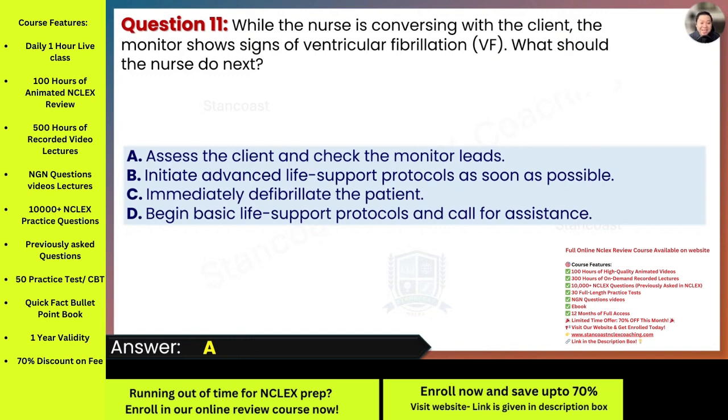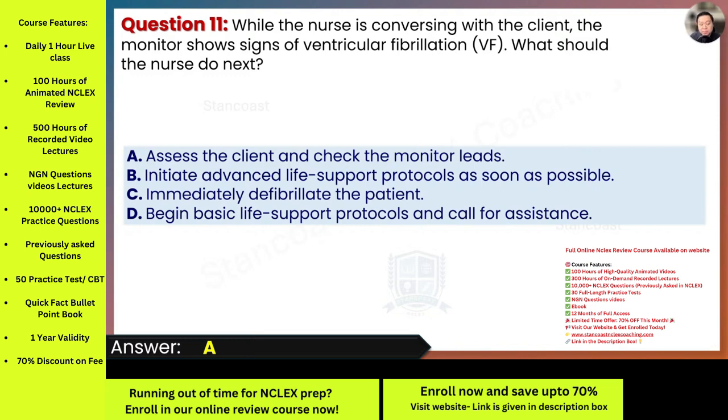The first priority is the assessment of the patient, to ensure that there are no signs of a true emergency like a lack of pulse. This is the best approach before you consider BLS. BLS would be necessary only if the client is unresponsive or if they are showing signs of cardiac arrest after a thorough assessment.